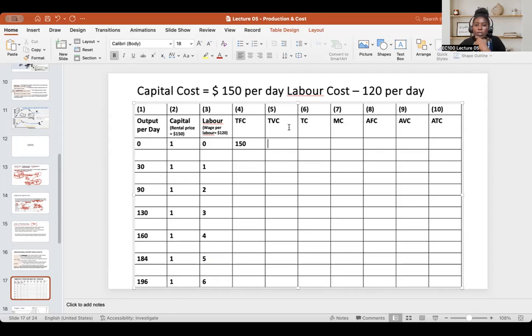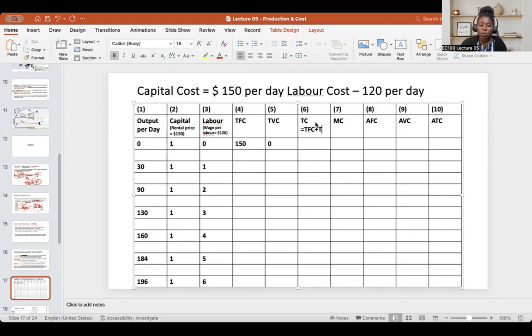What is the total variable cost? Total variable cost is the cost of your variable factor. Our variable factor here is labor, but it's 0, and 0 times any number is 0. What is total cost? Total cost is the sum of total fixed cost and total variable cost.